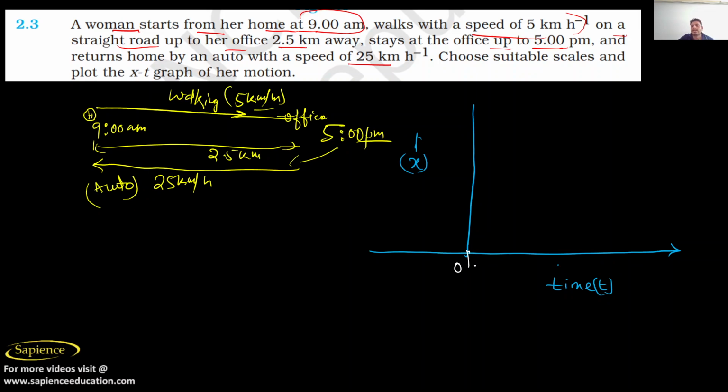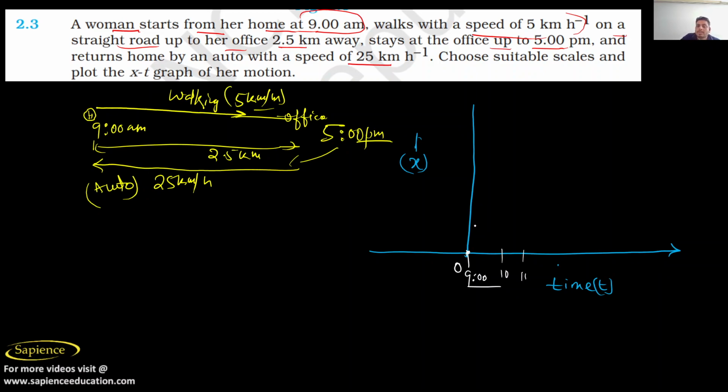So if she starts walking from home, can we write here from the starting point time is 9 a.m.? So this is 10 a.m., this is 11 a.m. Like this we have increased.